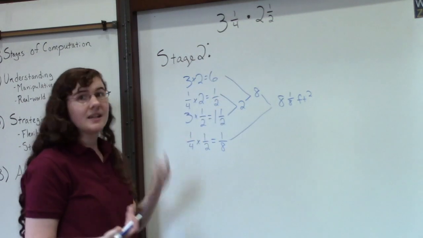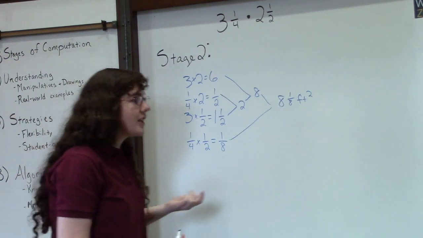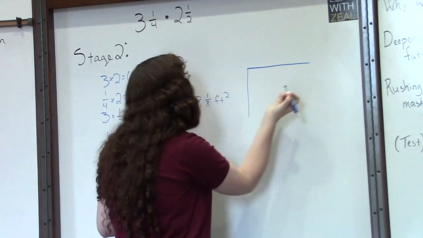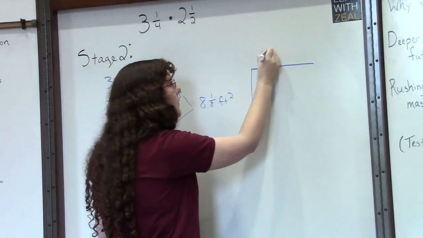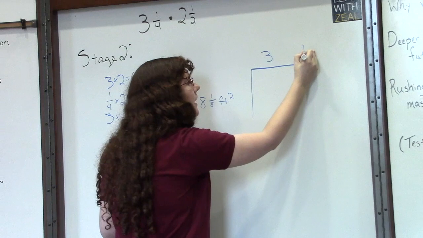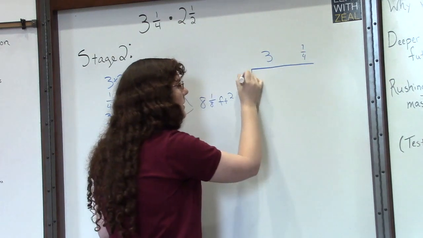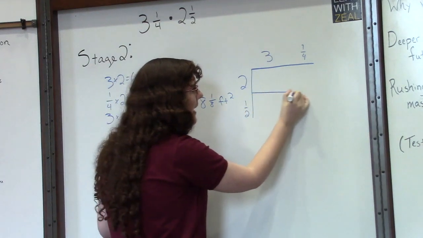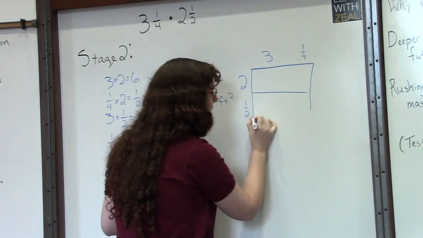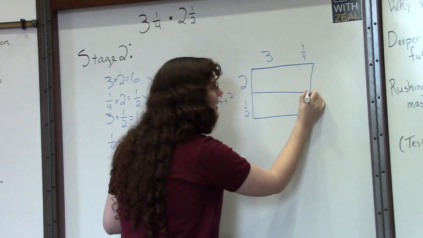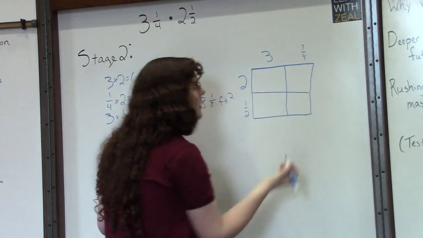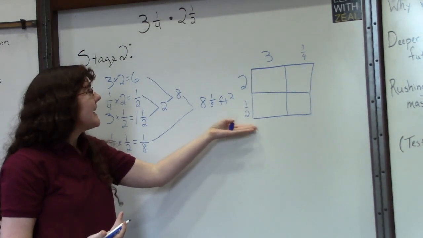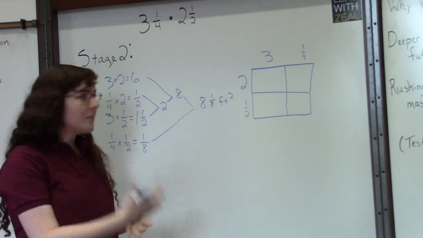Another way of doing this that would still be faster is to just have an open array. If instead they had drawn 3 and a fourth and 2 and a half, it could be they would just split this array into 4 parts that don't have anything to do with the relative sizes of the pieces, but they could still multiply this easily.